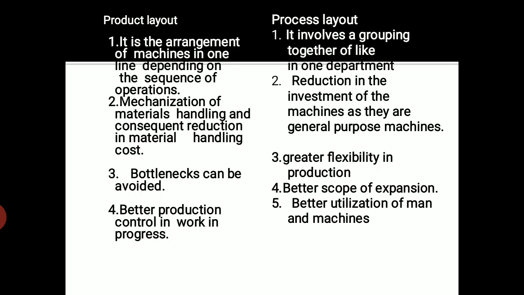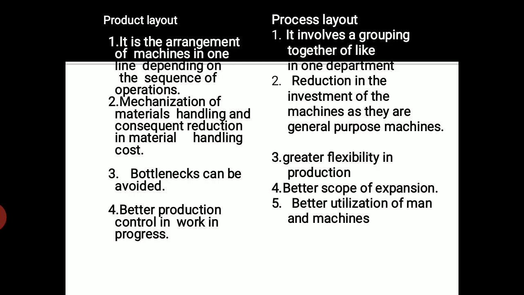Third one is bottlenecks can be avoided. If you remember, when we come to the product layout and its diagram, it is entry from one side and exit from the other side. Before a couple of lectures I had explained product layout and took the example of a car wash, right?